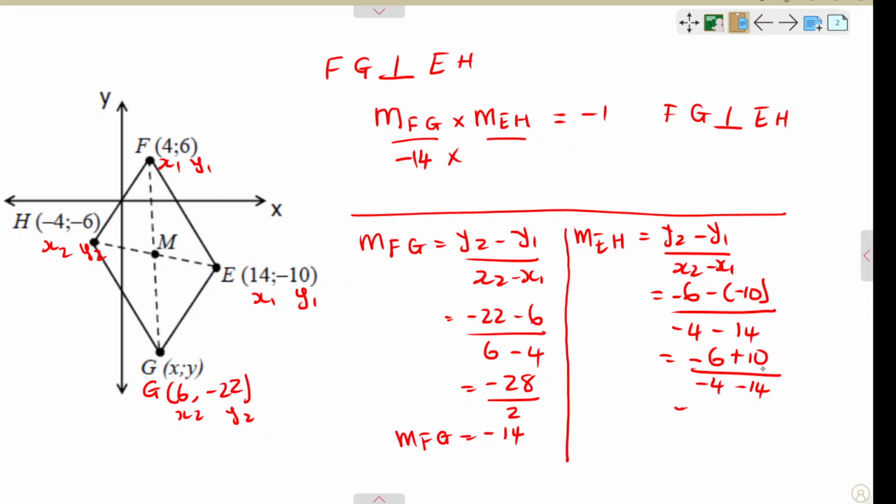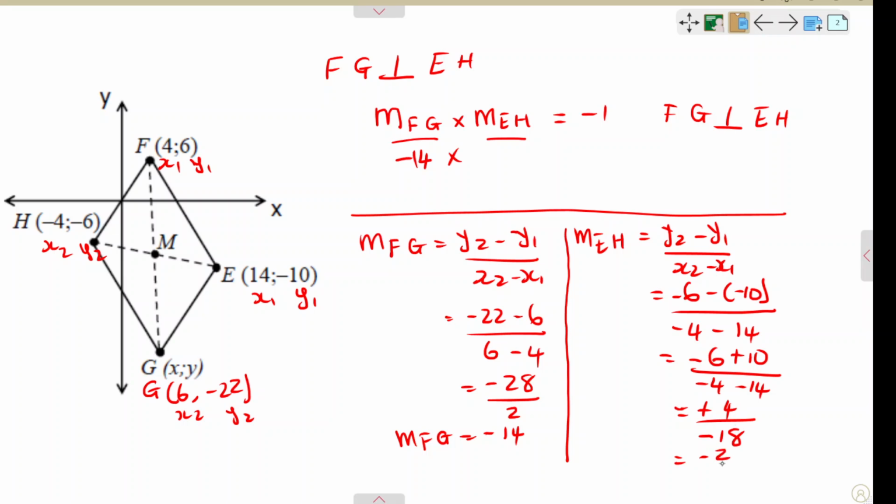So what is negative 6 plus 10? Negative 6 plus 10 is going to give you a positive 4. A positive 4 over negative 4 minus 14. That is negative 18. So this is negative 4 over 18. How many times does 2 go into 4?